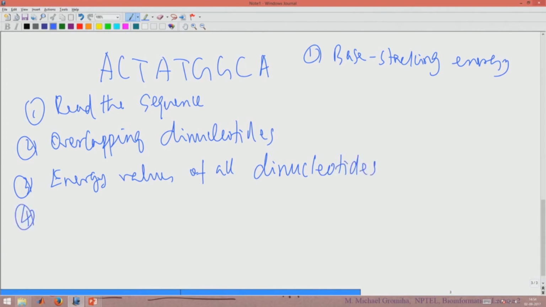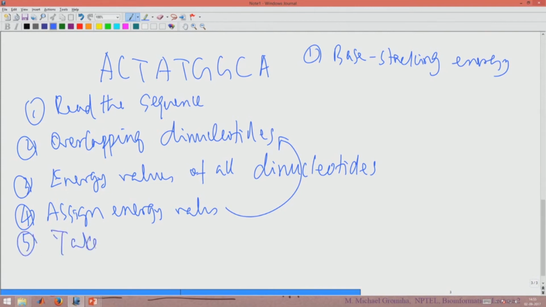Yeah, so we have to assign the values. So, assign the values for each from this step 2, right, in step 2 to this step, and then take the sum and then divide by the total number of dinucleotides.